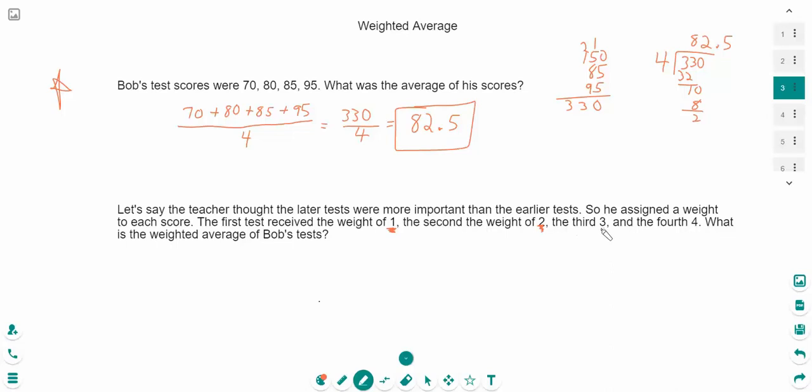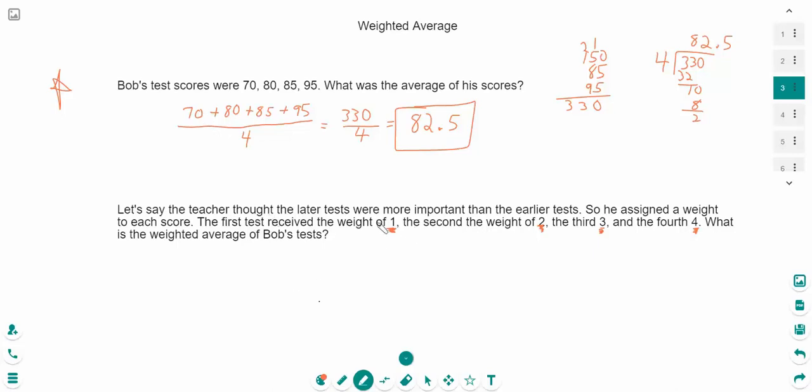The third will be the weight of 3, and the fourth will be the weight of 4. Now those are arbitrary. She could have selected a 2 for the first weight and a 3 for the second, or whatever number she chose. The bottom line is that the teacher is selecting a weight for each score.